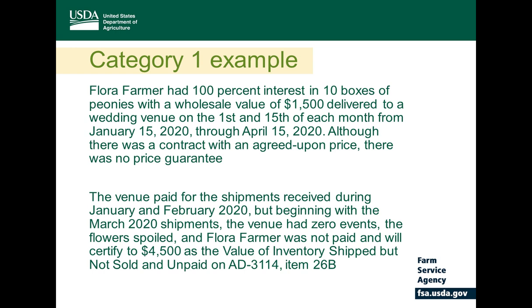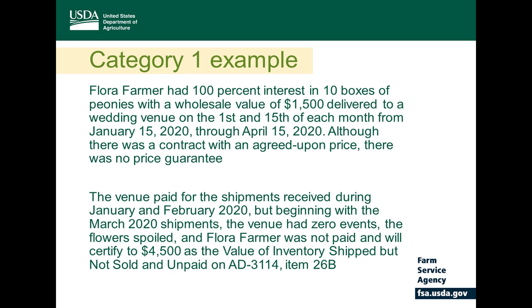So here's an example with category 1. Flora Farmer had 100% interest in 10 boxes of peonies with a wholesale value of $1,500, delivered to a wedding venue on the 1st and 15th of each month from January 15th, 2020 through April 15th. So although there's a contract and agreed upon price, there was no price guarantee.